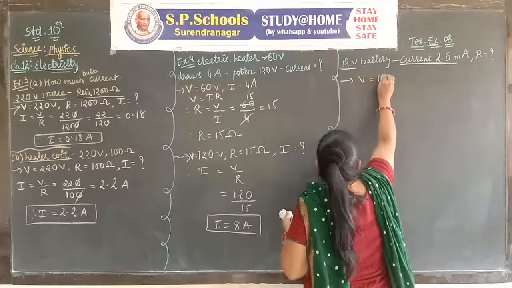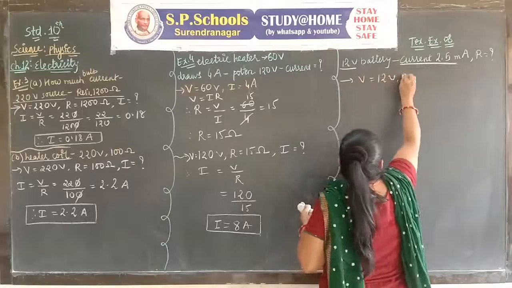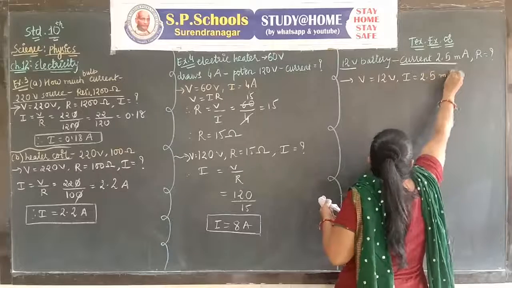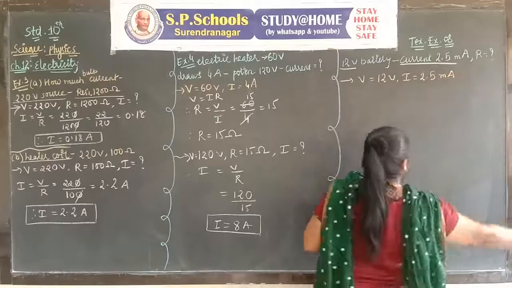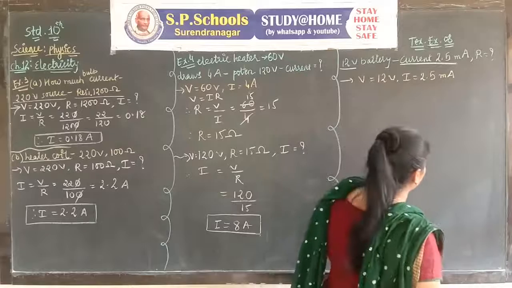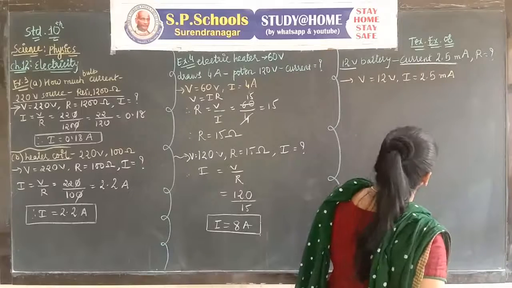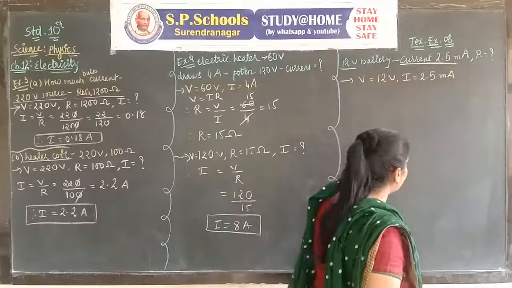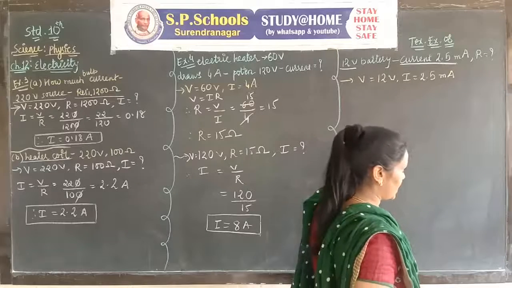V is equal to 12 volt. I is equal to 2.5 milliampere. According to the SI unit we take ampere, not milliampere. So first we convert milliampere into ampere.